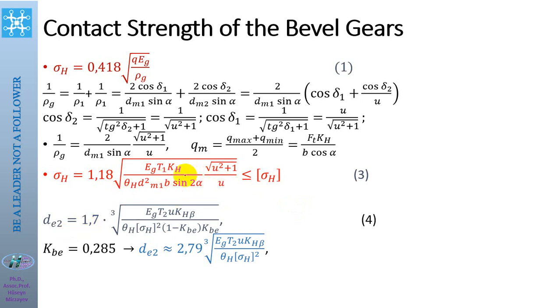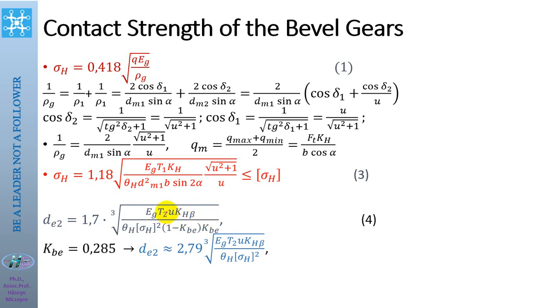From these contact stress equations, we can find the pitch circle diameters of the gears according to the external point of the teeth. These formulas will be used for the design of bevel gear transmission mechanisms.